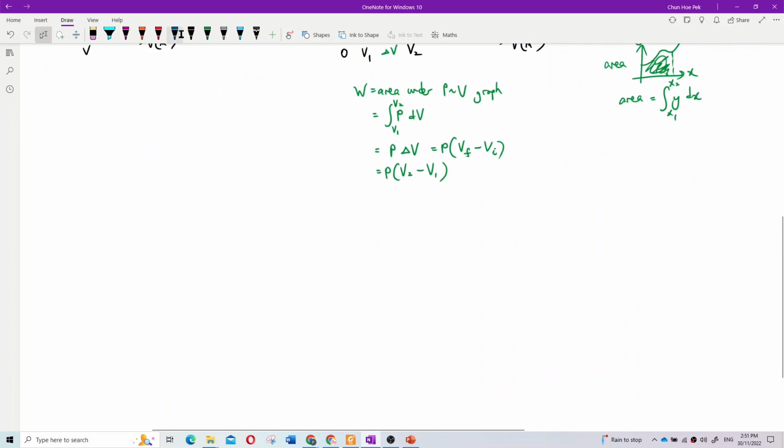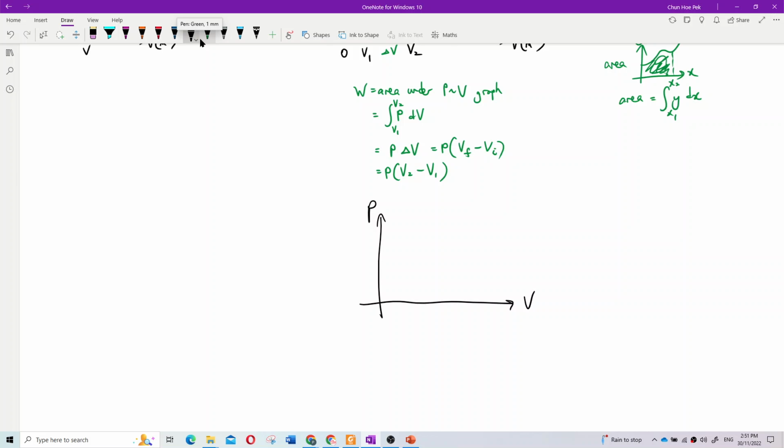If let's say I have another graph, I need to draw another graph. Pity me, I have to draw another graph, and if the graph is like this, what is the work done? So this is a compression. This is V1 and this is V2. This is V final and this is V initial.